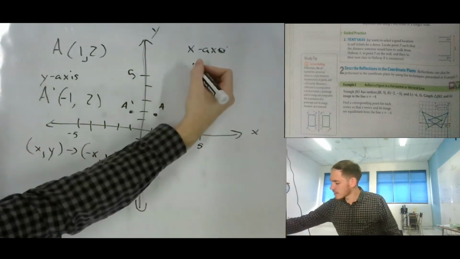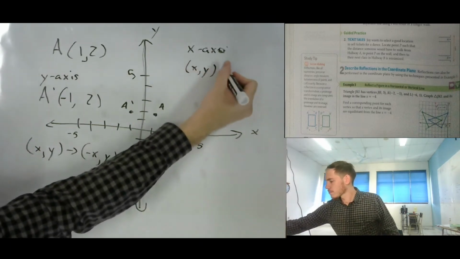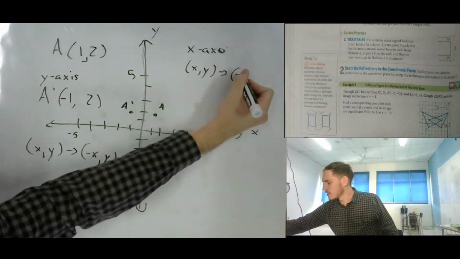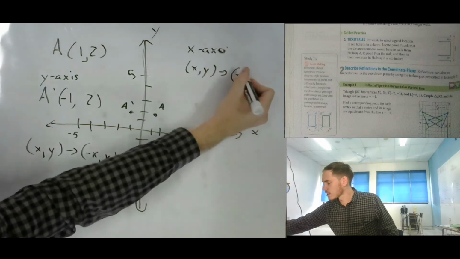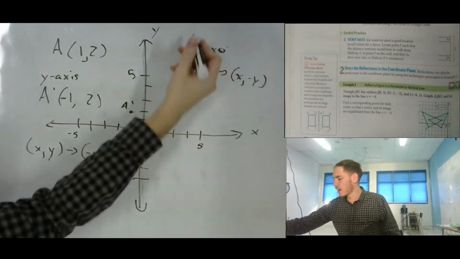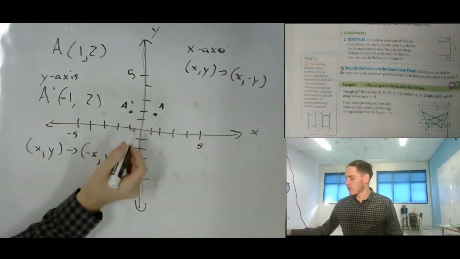Okay. X-axis is going to be, you take our normal point, and you get x comma -y. Okay. Mentally, I knew what I was talking about. Sorry.